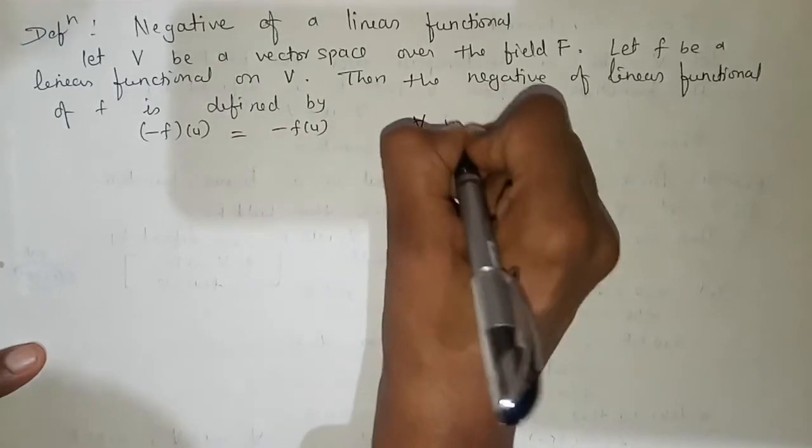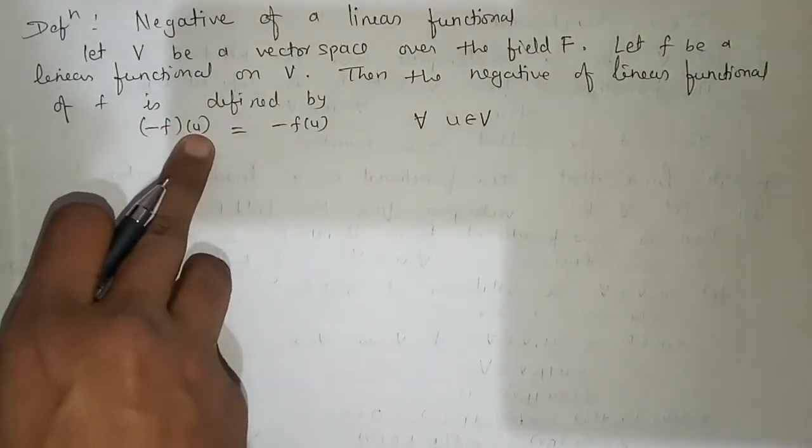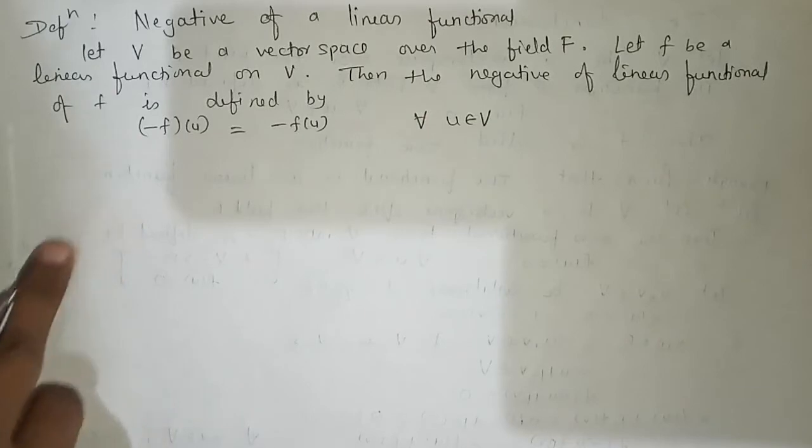This is the definition of the negative of a linear functional. So (minus f)(u) is equal to minus f(u).